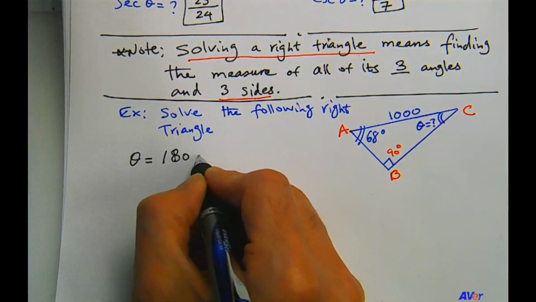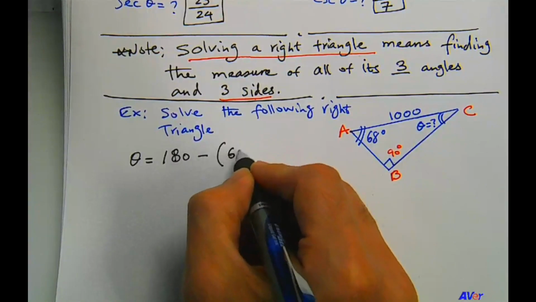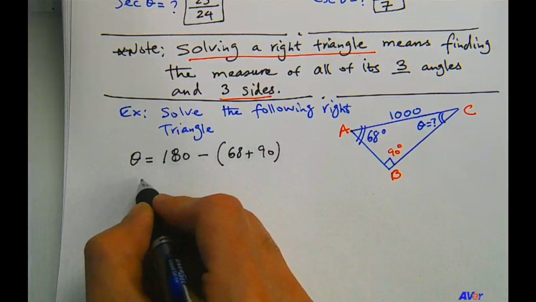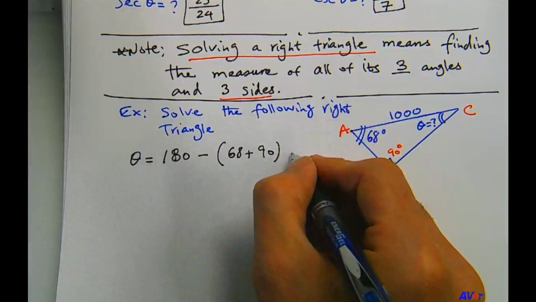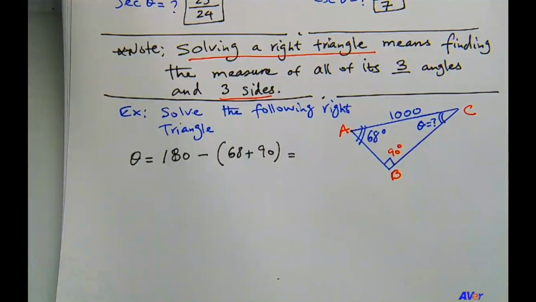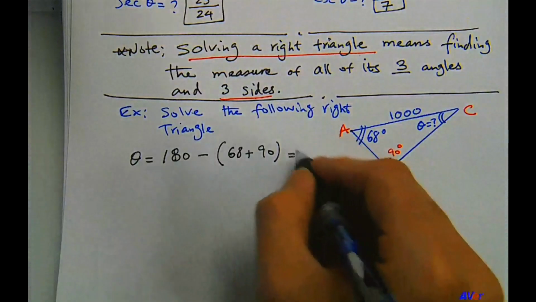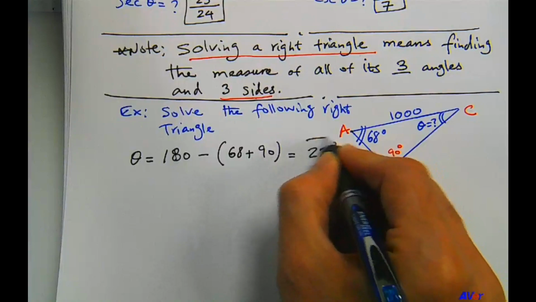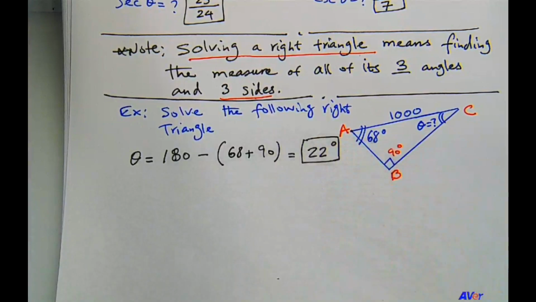So 180 minus (68 plus 90 degrees), and this would be equal to, what did I get? So I got 22 degrees. Can we change this to radians? Absolutely.